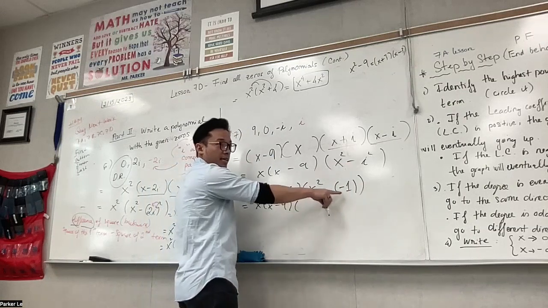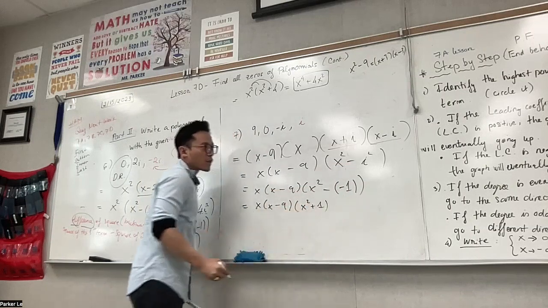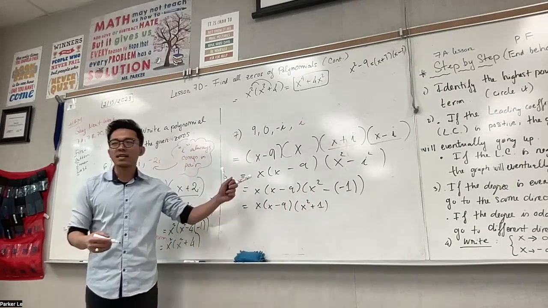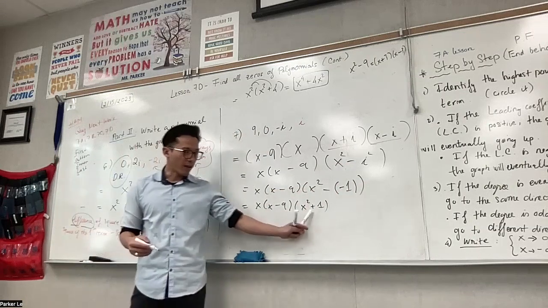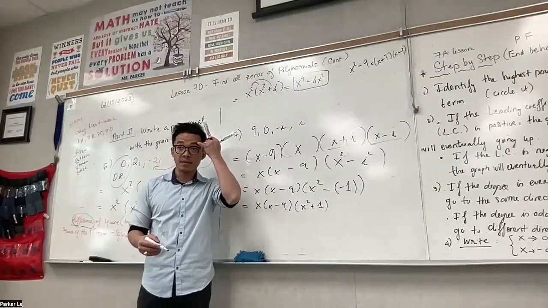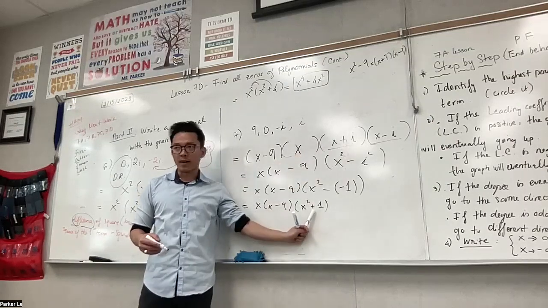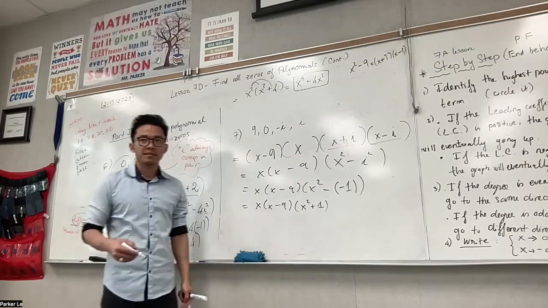And then you have minus -1. What does it become? If you see the i, then eventually you will all have plus.